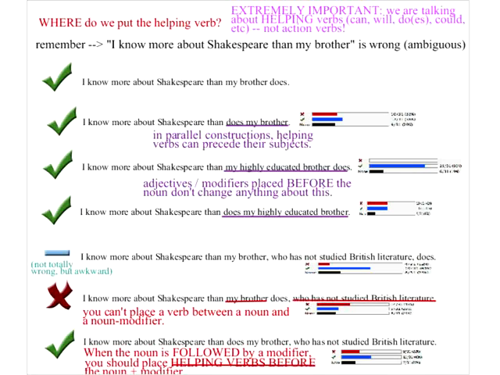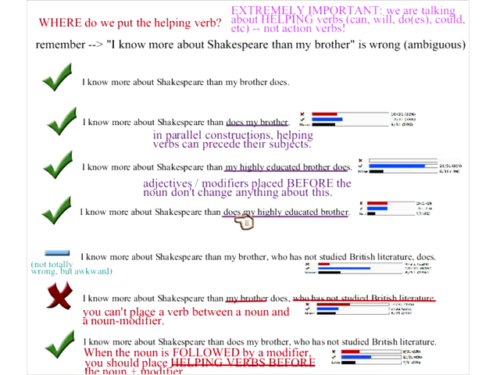You cannot put action verbs in front of nouns. So, for example, I could say "I know more about Shakespeare than my brother knows." I could not write "I know more about Shakespeare than knows my brother." That would not be okay. But that's not what this unit is about. This unit is about helping verbs like these, verbs that go in front of other verbs.